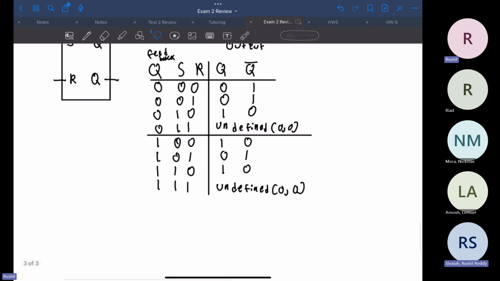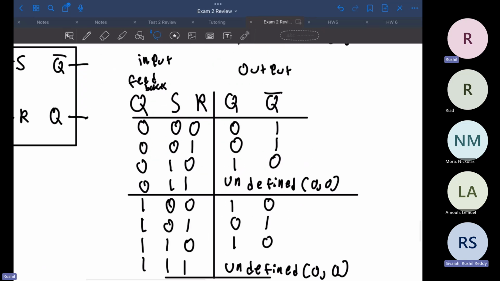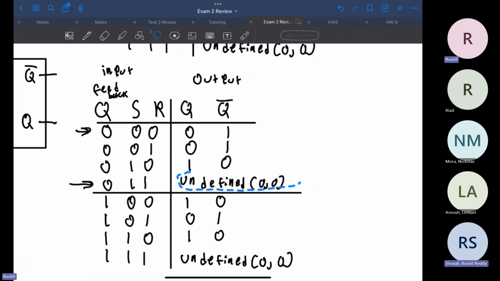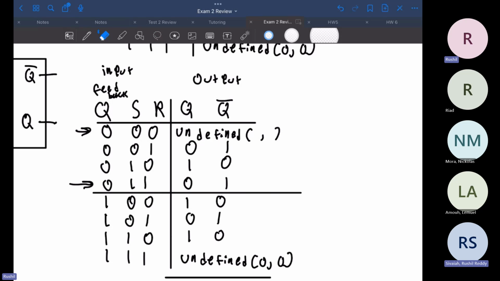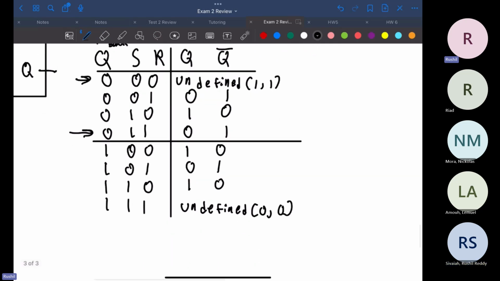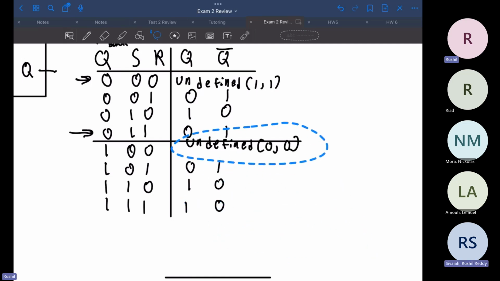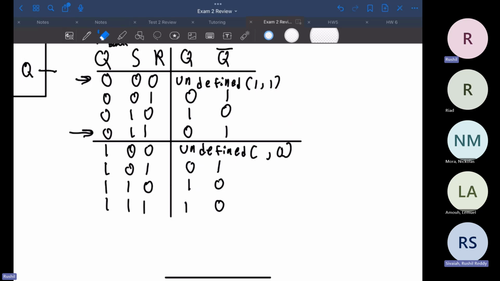Since these are very similar, the only difference is that these two will be flipped around, so I'll grab this and move it over here. And then additionally, these will be flipped to 1, 1. All right, any questions on that one?